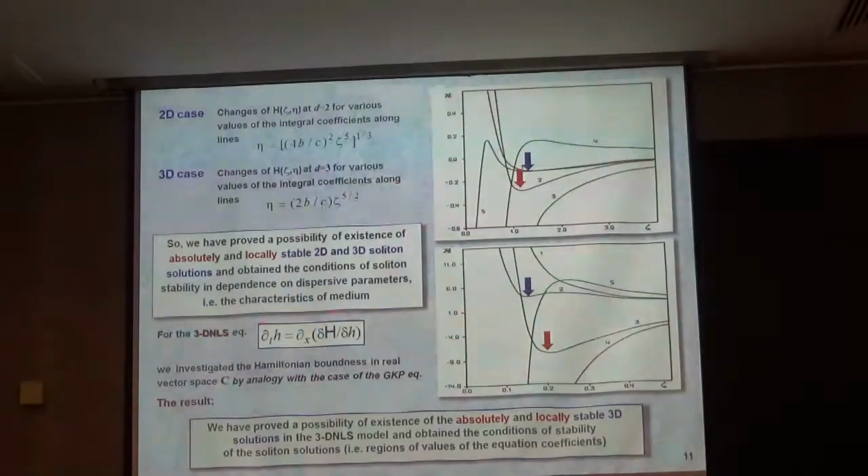For the 3D NLS equation written in the Hamiltonian form, we investigated the Hamiltonian boundedness in real vector space by analogy with the case of the GKP equation. As our result, we have proved a possibility of existence of absolutely and locally stable three-dimensional solutions in the 3D NLS model and obtained the conditions of stability of the soliton solutions, i.e. regions or values of the equation coefficients.